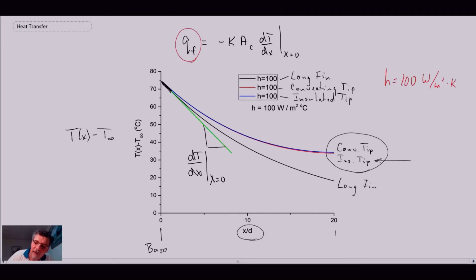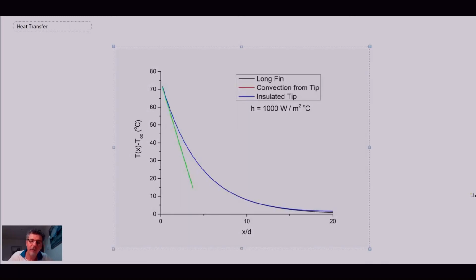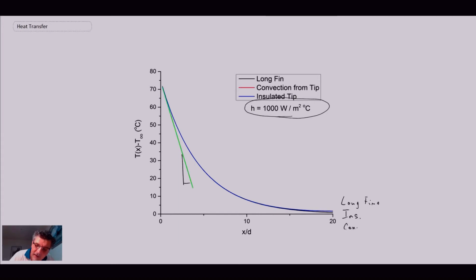Now, let's take a look. Let me see here. Yeah, I had the right units there. That's good. Let's go on to h equals 1,000, and that's what we have here. And first of all, what you notice is our slope is a lot different. We have a much larger convective environment, so a lot more convective heat transfer is taking place. The other thing to notice is that the long fin, the insulated fin tip, and the convection from the tip are all pretty similar here, with the exception of a little tiny disagreement at the end.